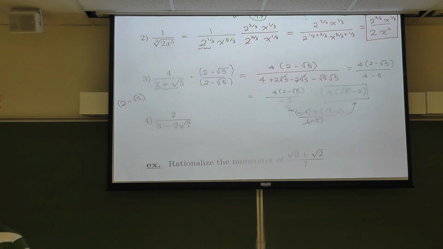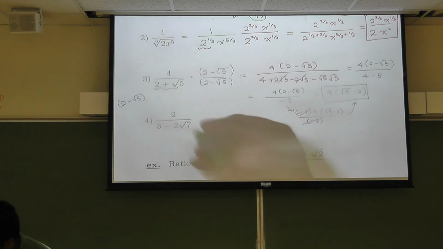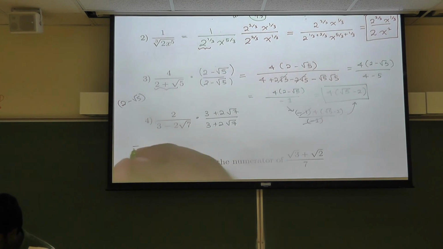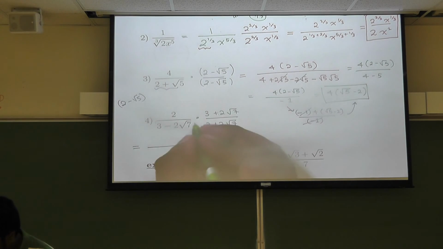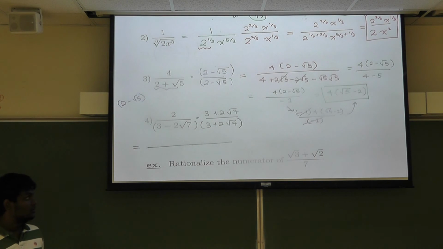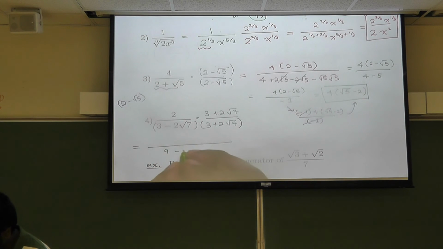Let's quickly do one more rationalizing the denominator example. That would be 3 plus 2 root 7 divided by 3 plus 2 root 7. So on the bottom you can FOIL or you can use a special product. Now here I'm going to just use a special product. It's just more convenient. You get 9 minus 28.